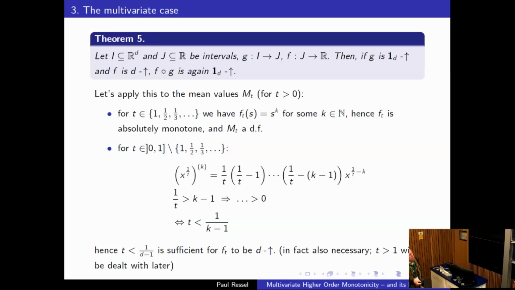And this should be positive up to k equal d. And so that means if t is less than 1 over d minus 1, this is sufficient for f_t to be d-increasing. In fact, also necessary, and the t values greater than 1 will be dealt with a little bit later. So we have some part of the result.